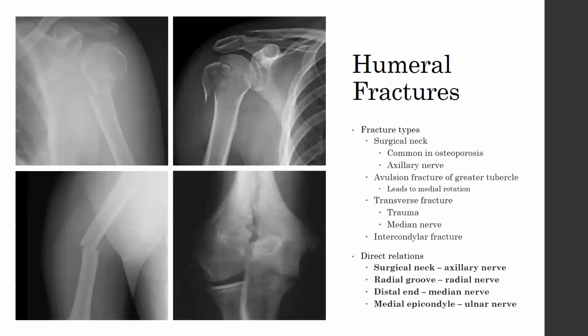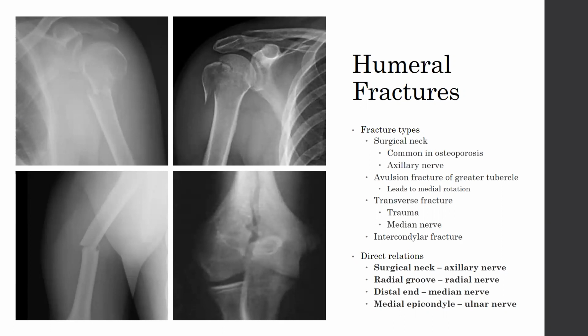All right, fractures. We'll start with the humeral fractures. There are 4 ones you sort of need to know. One at the surgical neck, which will affect the axillary nerve, which passes through the quadrangular space, as we said before. Avulsion fracture of the greater tubercle, and because your lateral rotators are pulled off, it's going to lead to a medial rotation of the arm.